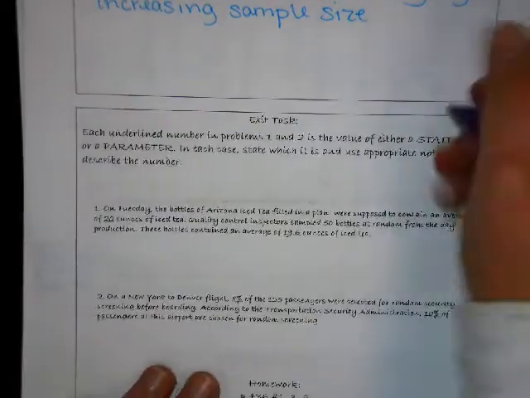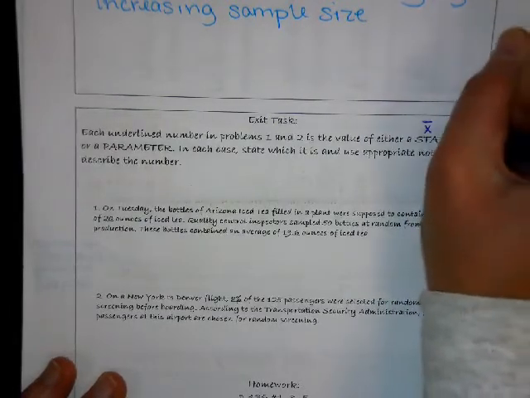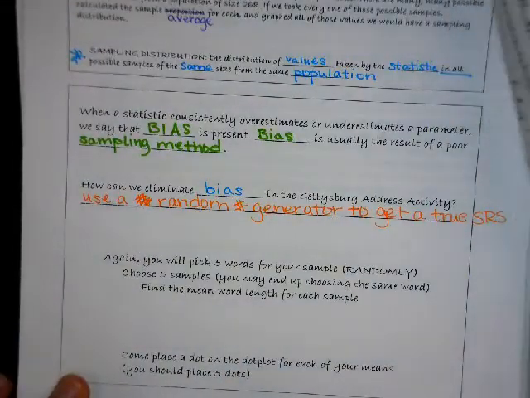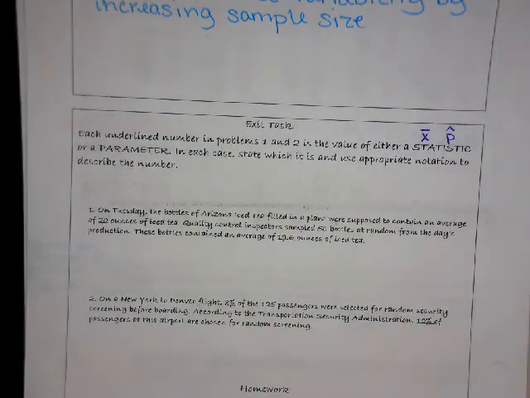The only time we've used hat before was in chapter 3 with y hat, and it meant we were making a prediction. If you think about it, you take a sample and you're saying this is the estimate of the population. It kind of is like a prediction. And then for parameters, for mean it's mu, and for proportion it's just p. So those are the notations we got to get used to.